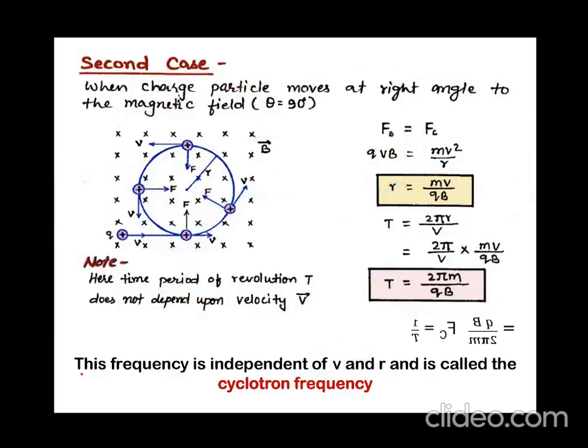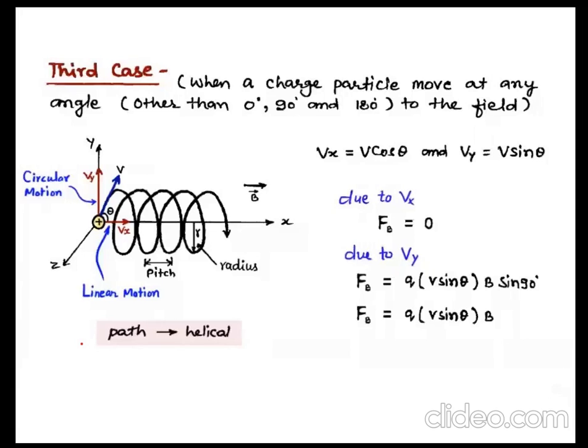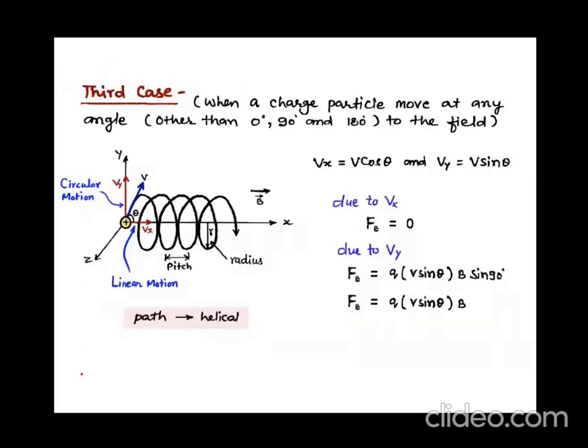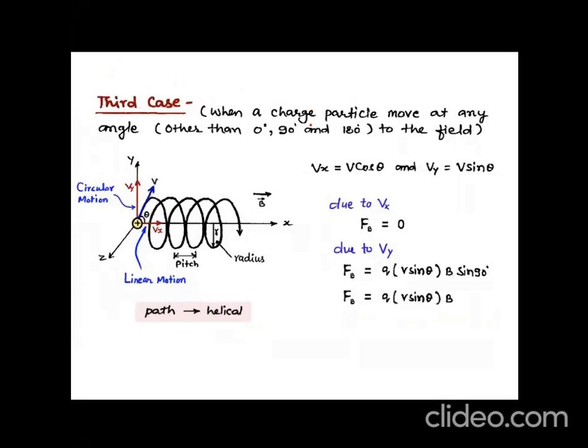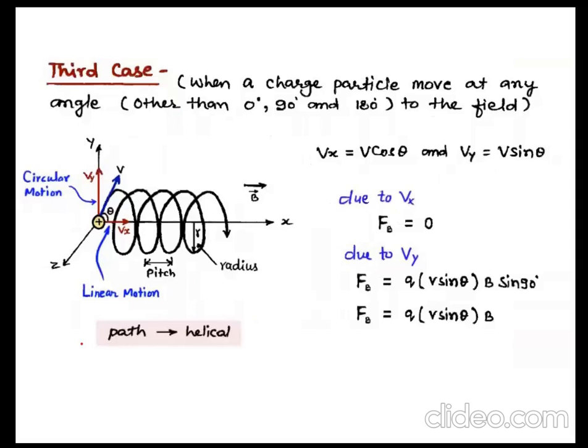Okay, and last part for today, I think we'll be able to complete this. The last part is the third case. Case 1 was for theta equals 0 or 180. The particle was unaffected and moved in linear motion. Case 2 was when the angle between the external magnetic field B and velocity was 90 degrees.